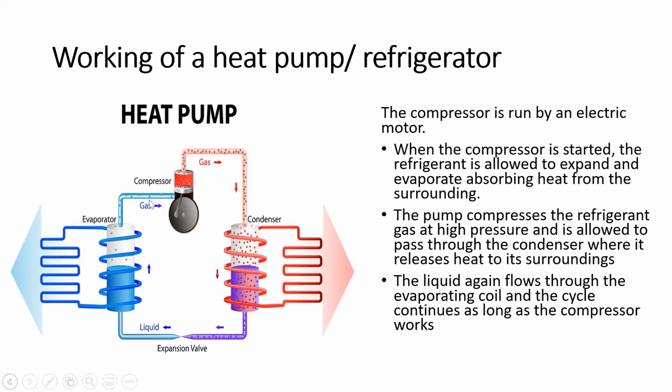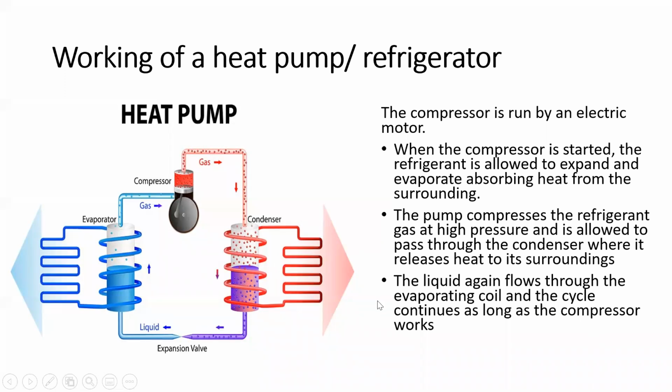So this is a diagram representing the working of a heat pump. The blue region is the cold region from where we take heat, and the red region is the hot region where we give out heat.